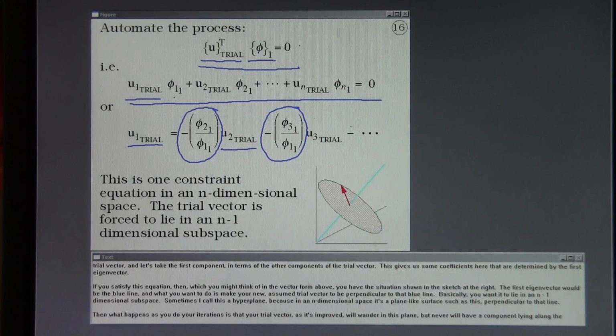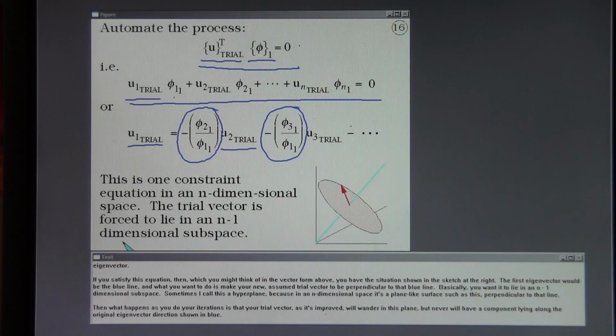Basically, you want it to lie in an n-1 dimensional subspace. Sometimes I call this a hyperplane because in an n-dimensional space, it's a plane-like surface, such as this, perpendicular to that line.